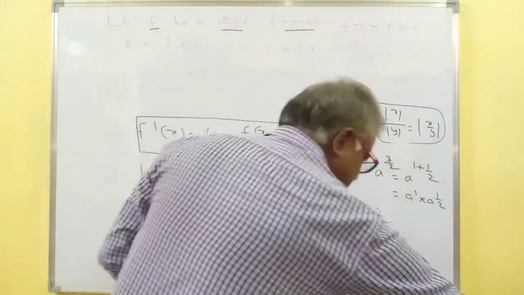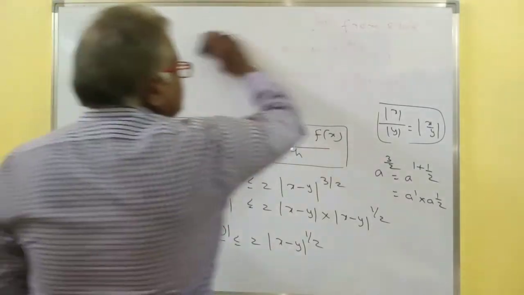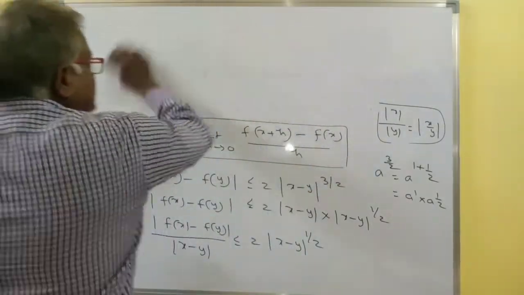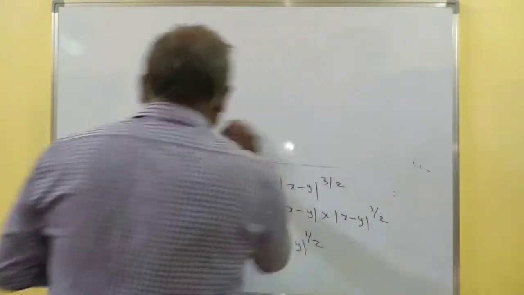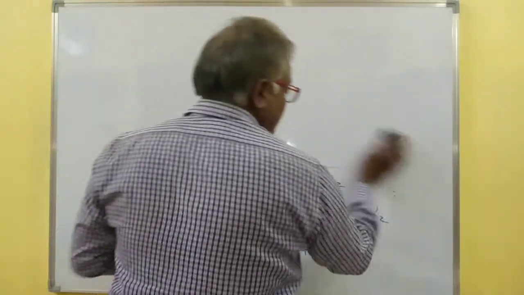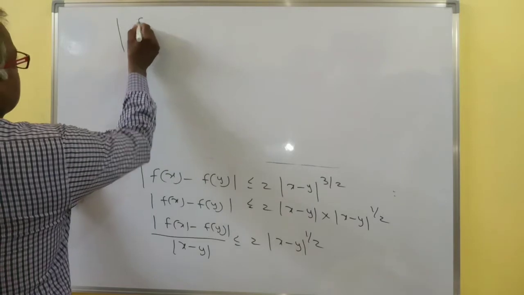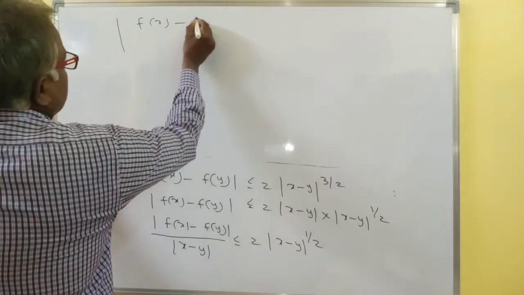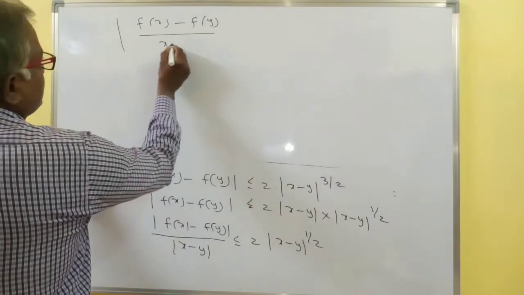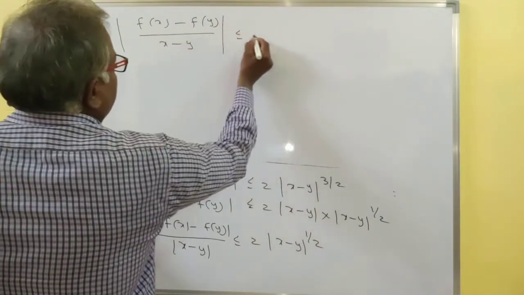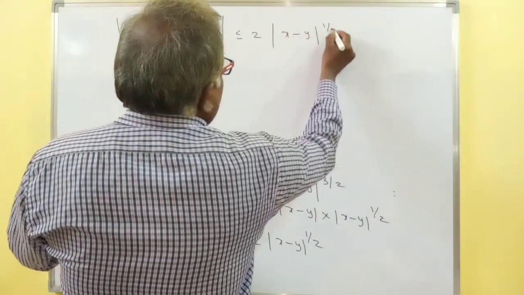Okay. So, in the same way, modulus f of x minus f of y divided by x minus y is less than or equal to 2 into modulus x minus y whole power 1 by 2.